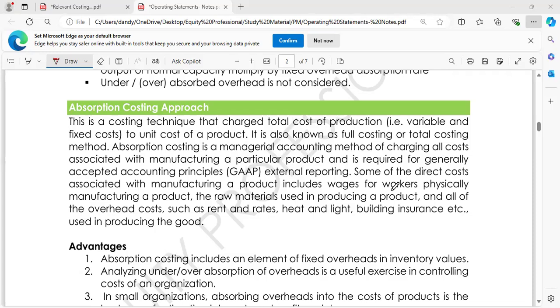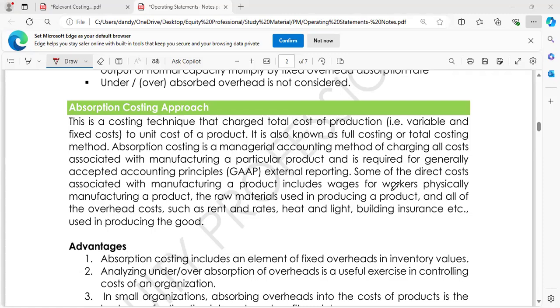The first thing was that opening and closing stocks are valued at total cost per unit. So both variable and fixed production overhead, including direct material, direct labor, and direct expenses, will be added together to get the total cost per unit.